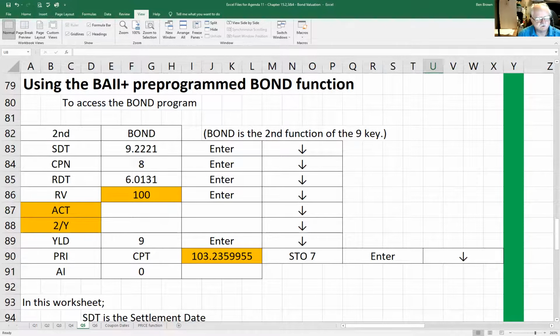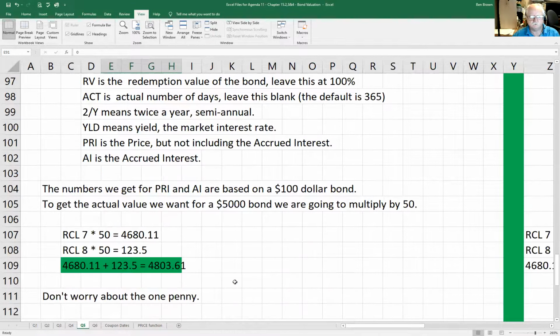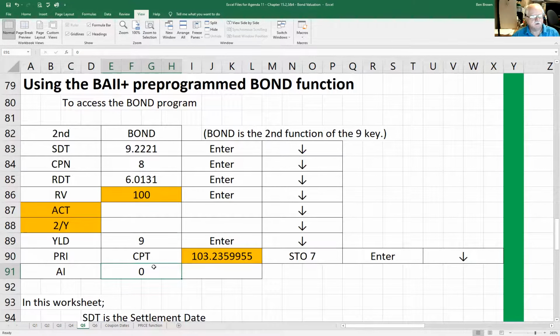I just get used to storing it in storage register 7. So this is weird here that there's no accrued interest here. That's annoying. Let's see what happened there. I think, see this 0 here? I think I've typed the wrong number in here.